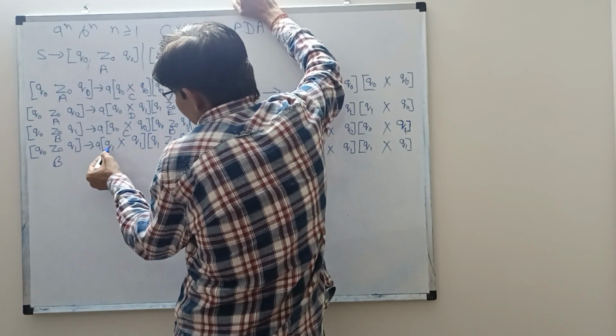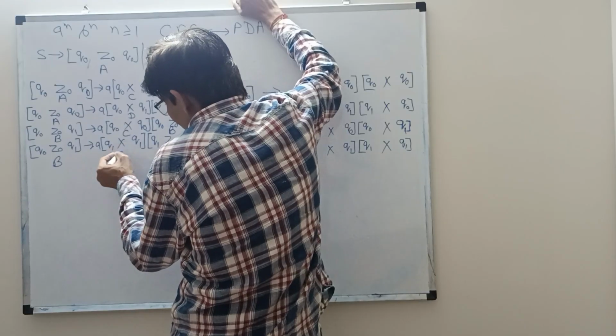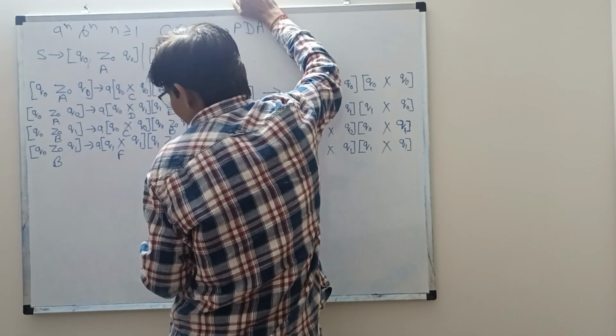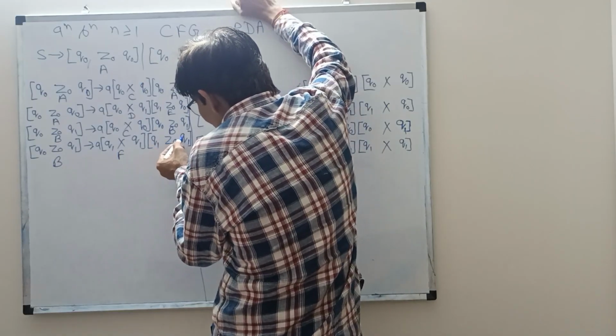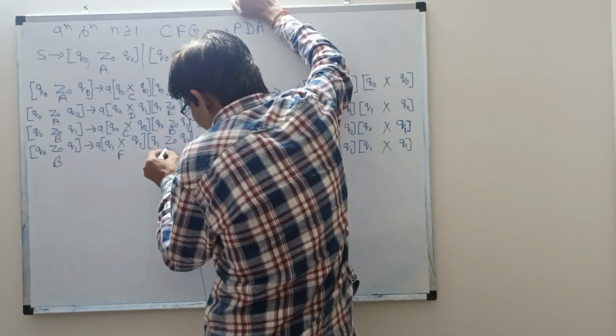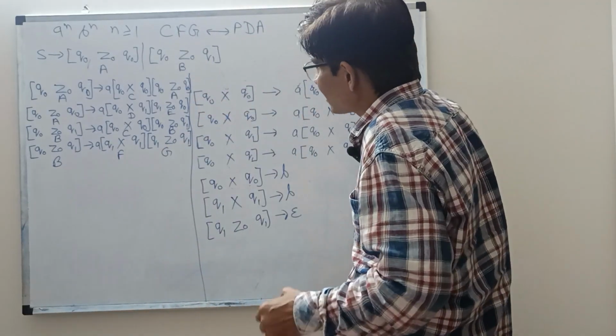Here Q1 x Q1 is a new variable, so I can write it as F. Then Q1 Q0 Q1 is again a new variable, so I can write it as G.